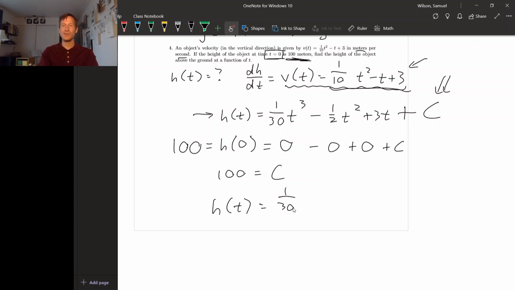It's 1/30 t cubed minus 1/2 t squared plus 3t plus C, which we now know is 100. And so there's our height function.